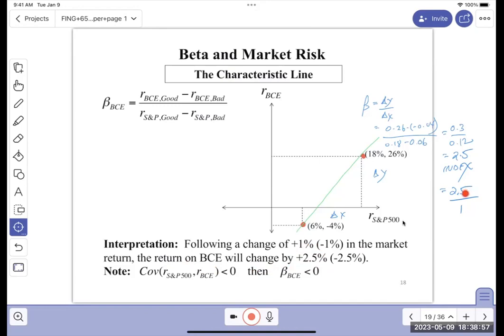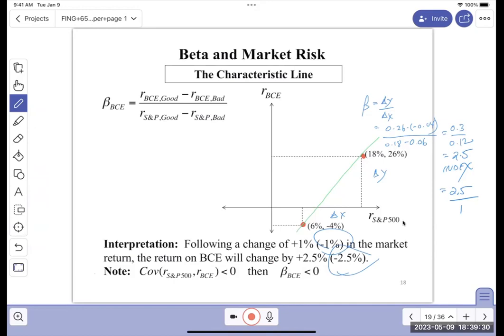That sounds good and awesome when the market does well, but if this relationship holds true down here, when the market does poorly, that could also mean a loss. A negative return in the market could be associated with a negative return of 2.5.